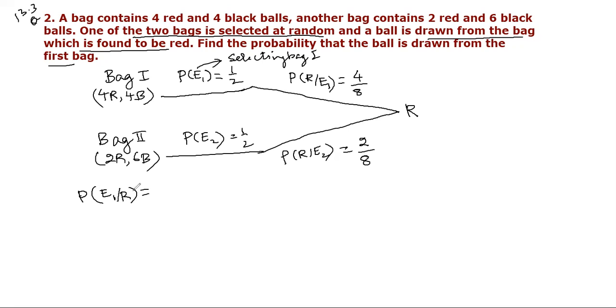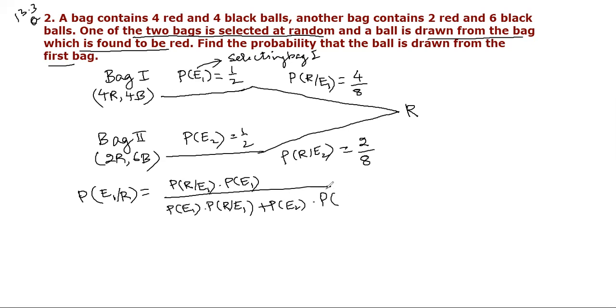As I told you, by this theorem we can write: probability of E1 into probability of drawing a red ball from bag 1, divided by probability of E1 into probability of drawing a red ball from E1 plus probability of E2 into probability of drawing a red ball from bag 2.